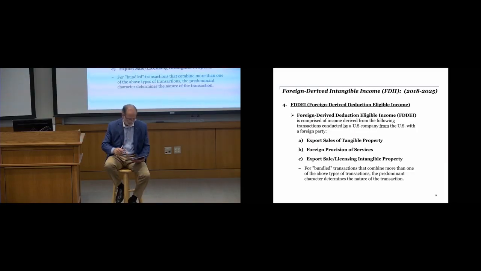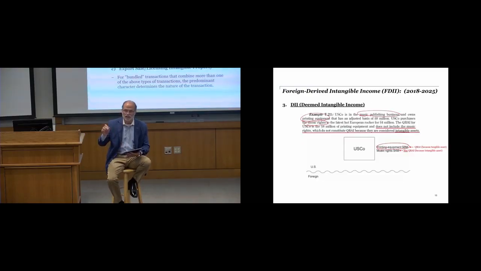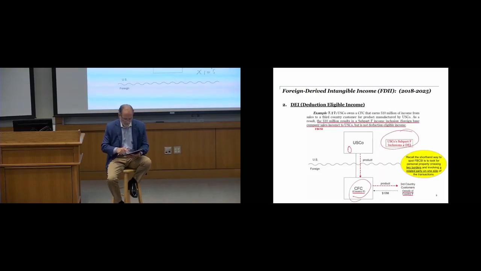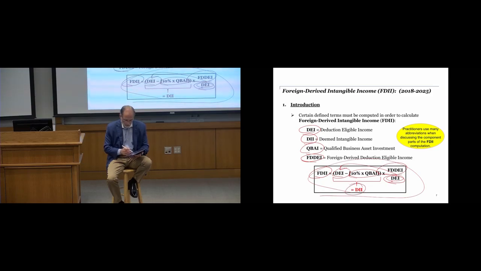Okay, so now I have deduction eligible income, I have my deemed intangible income return. So I'm building up the parts of this calculation, right? I have my DII, we just did, which was my deduction eligible income minus 10% of my QBAI.